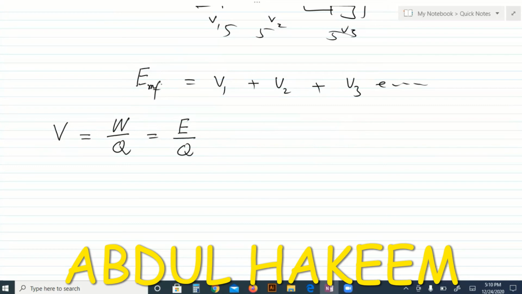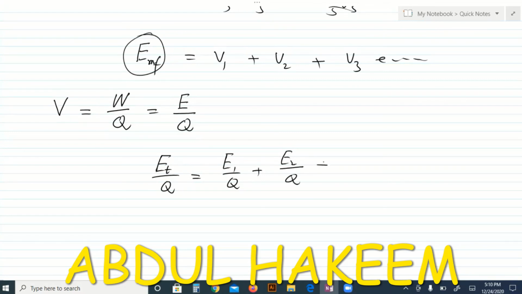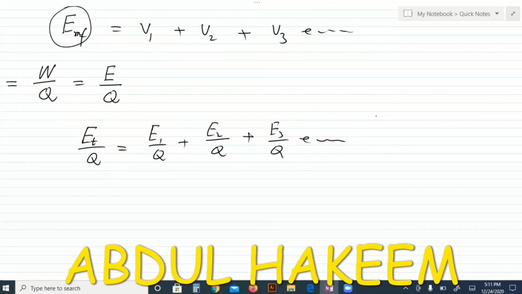So this is EMF. Now the EMF can be written as the total energy per unit charge. V1 can be written as energy 1 divided by charge, E2 divided by charge, E3 divided by charge, and so on, because in series current remains same.